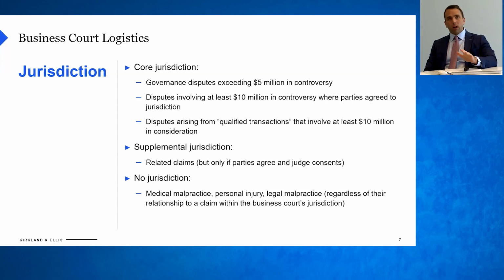So if it's a supply agreement, if you're dealing with some kind of financing agreement where you otherwise wouldn't have jurisdiction tied to the Business Organizations Code, you can still almost create business court jurisdiction to address those kinds of disputes.